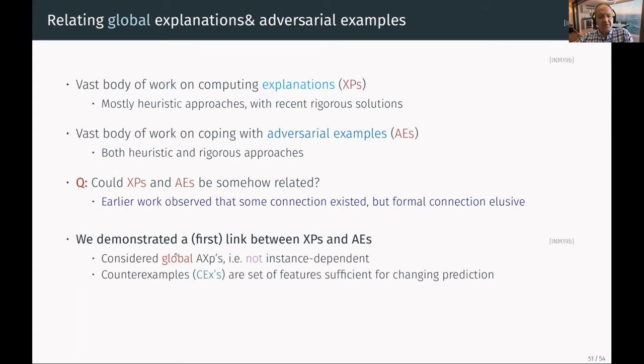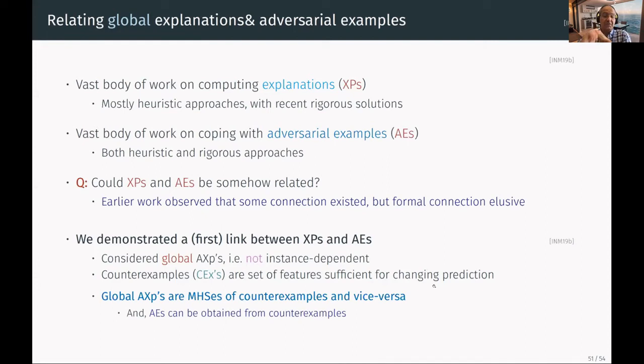And so we show the first link between explanations and adversarial examples as follows. We considered global explanations. The explanations I spoke about until now in the talk are local because we work with respect to an instance. Global is just any prime implicant for the classifier. And the counterexamples are a set of features such that if I use those features, I can change the prediction.